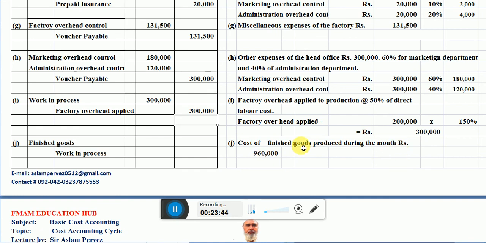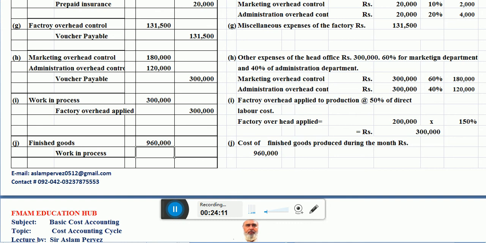During the month, the completed production is 9,60,000 rupees, which is charged to the finished goods inventory against working process here. Then we have to debit it as finished goods inventory, because the goods are completed and transferred to the godown for selling purposes. So the amount is 9,60,000 rupees here.